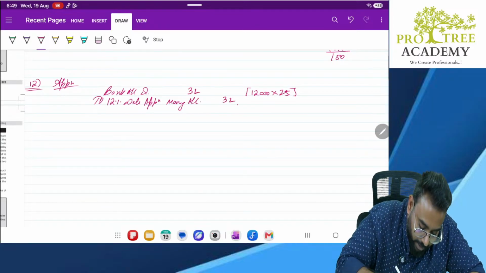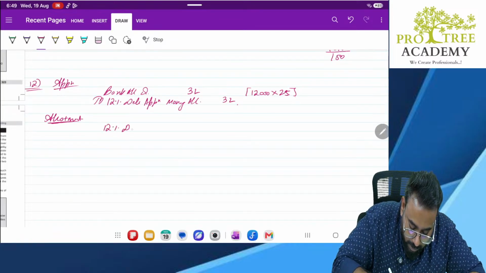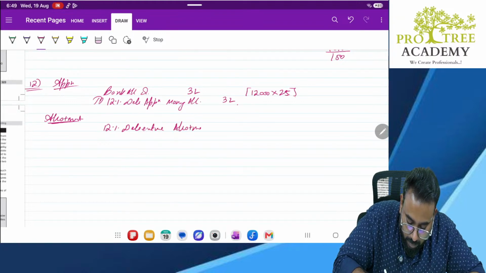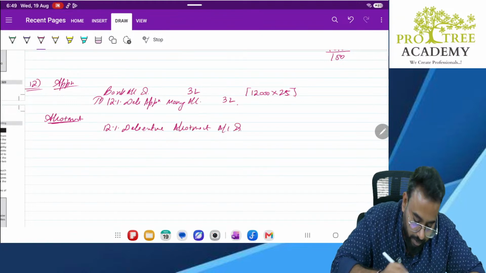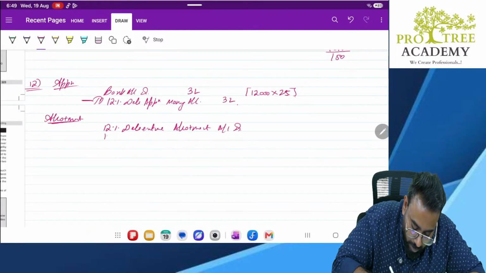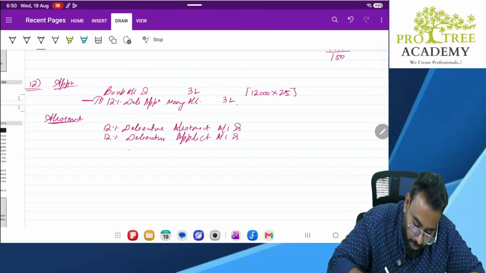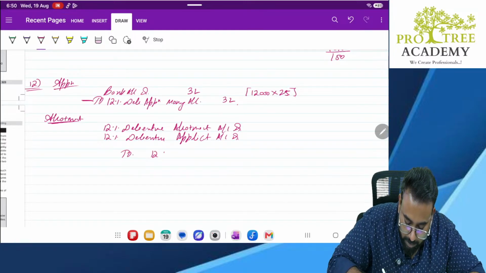Okay. Next, allotment happens. On allotment, 12% debenture allotment account debit. Then we'll reverse this also. This one, 12% debenture application account debit to 12% debentures.